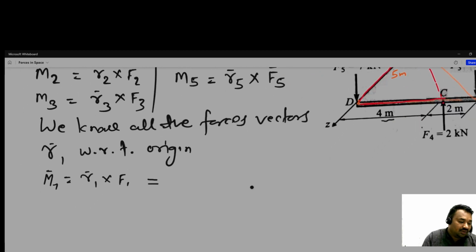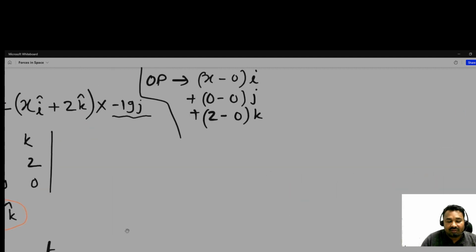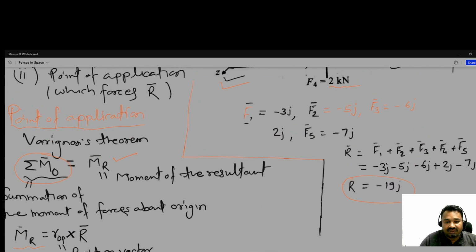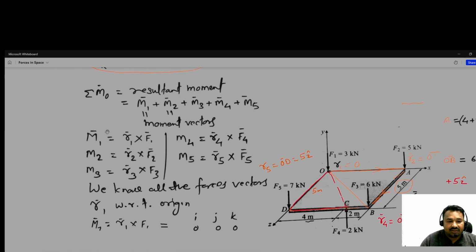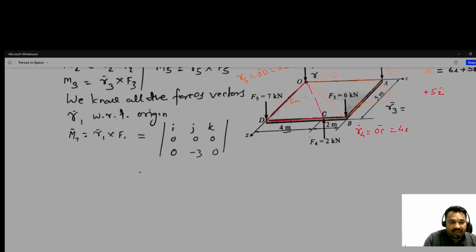So this will be the determinant with i, j, k, R1 as 0 0 0, and F1 we can see from here is minus 3j. So 0, minus 3, and 0.